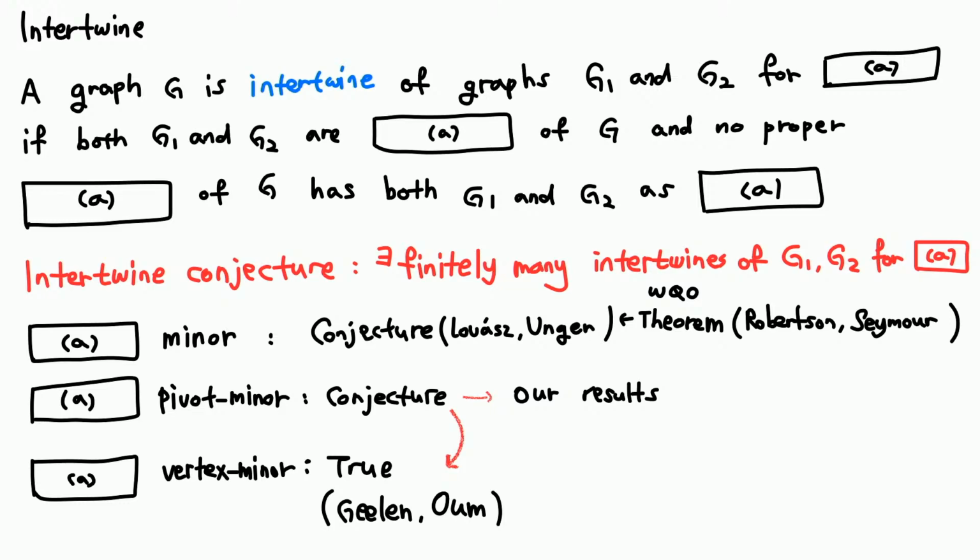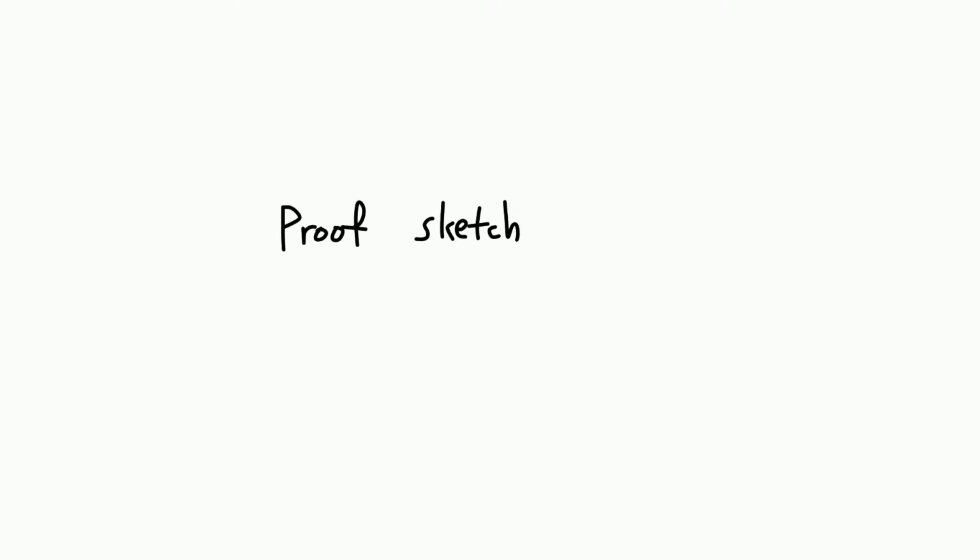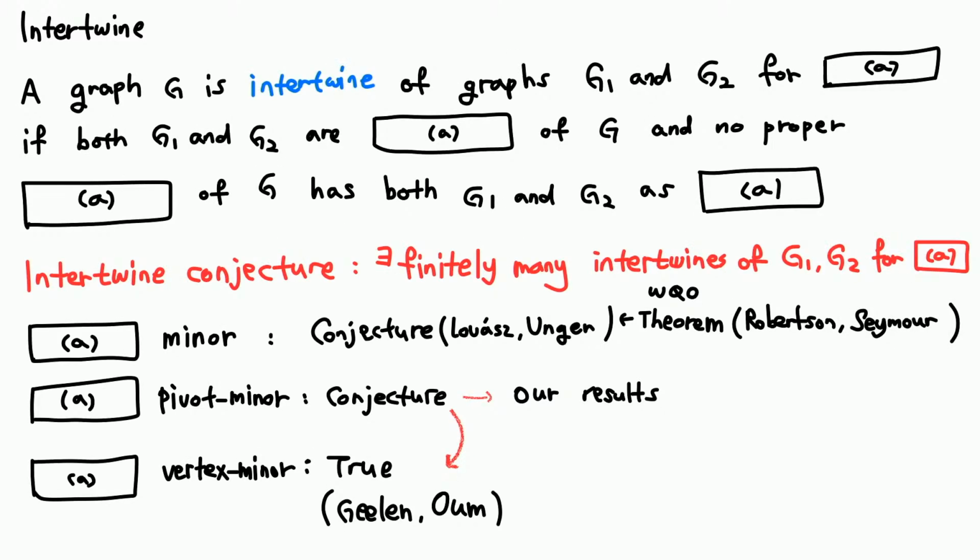A graph G is an intertwine of two graphs G1 and G2 if G contains both G1 and G2 as a minor, but every proper minor of G does not contain both G1 and G2 as a minor. In other words, an intertwine of two graphs G1 and G2 is a minor-minimal graph which contains both G1 and G2 as a minor.